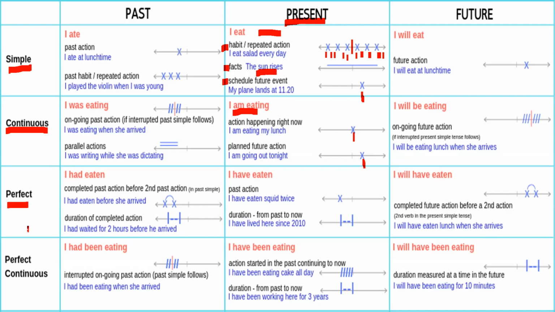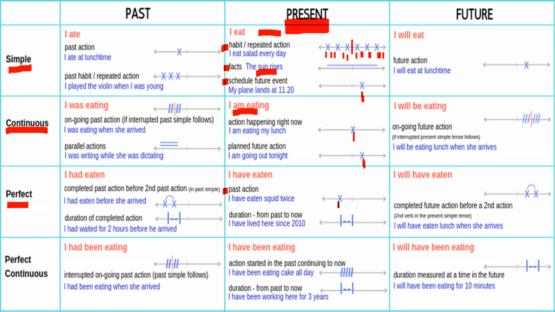The third one, present perfect. It's a past action. I have eaten squid twice, and for duration from past to now. So how can we use the present perfect tense for a past action?